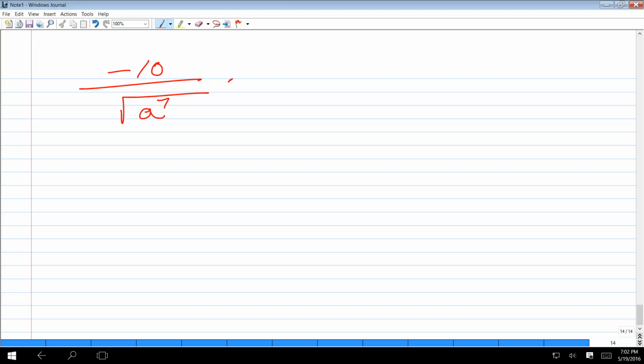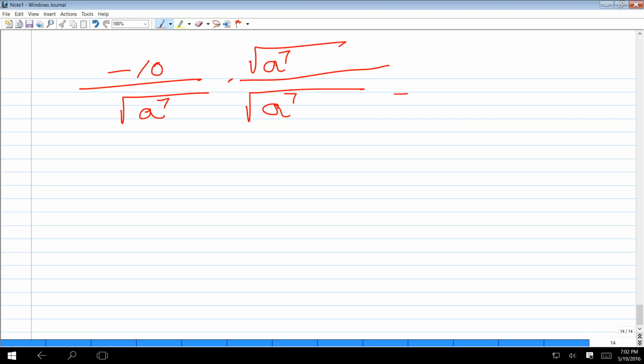Well, what do I have to multiply the bottom by in order to rationalize that? A 6th over times a. Just a to the 7th, like that. If I multiply these two together, I get a to the 7th, which is a rational number. Well, if I multiply the denominator by that, I got to multiply the numerator by that also.